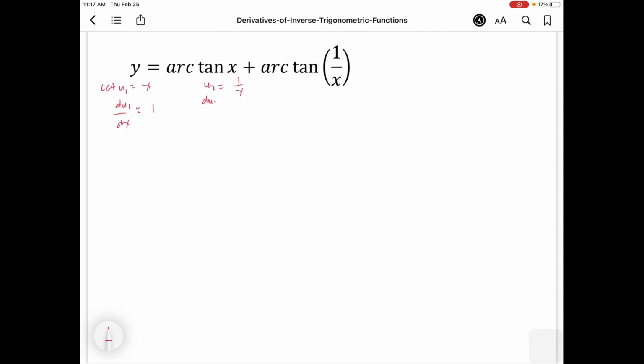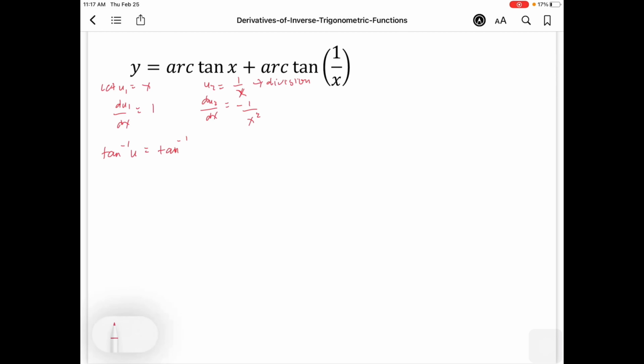Then du sub 2 over dx is equal to negative, mag-apply tayo dito ng division property. So pag division property, magkakaroon tayo ng negative 1 over x squared as the answer. So since the given natin is arc tan, arc tan u is equal to tan to the negative 1.